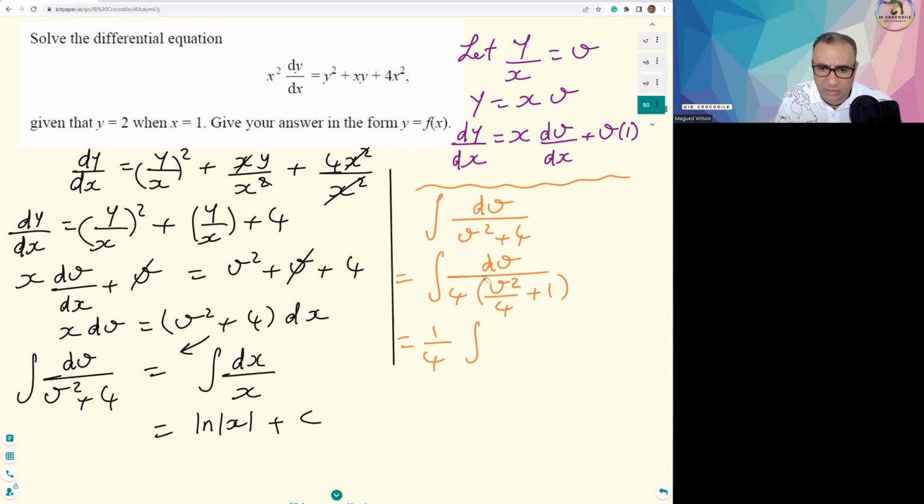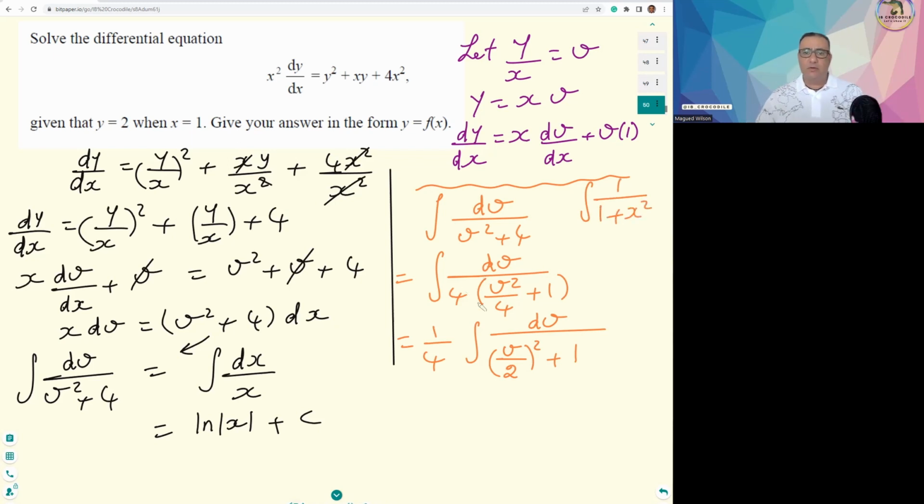So in the integration of dv over v squared over 4, maybe I can rewrite this as v over 2, all to the power of 2, plus 1. So now it is very comparable to the integration I just showed you, 1 over 1 plus x squared.